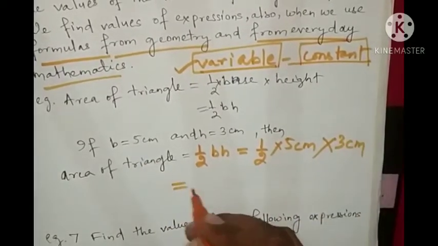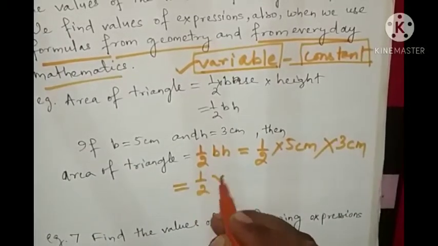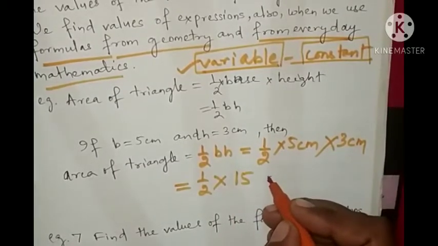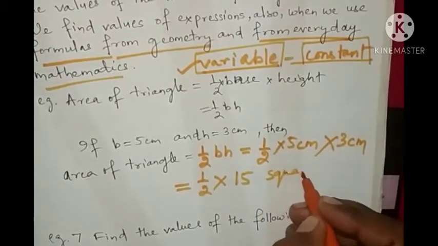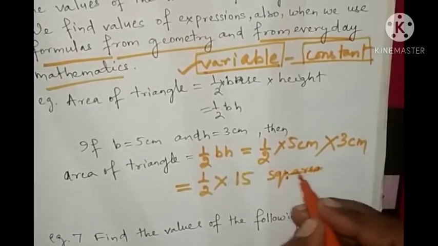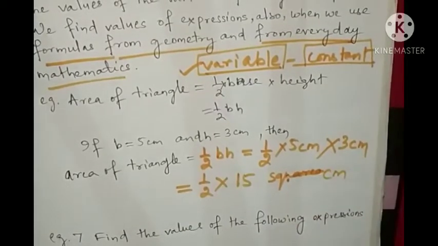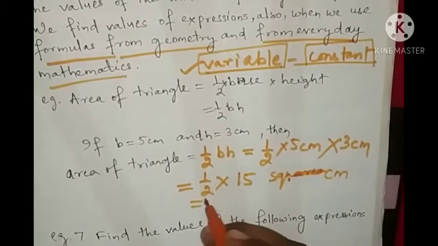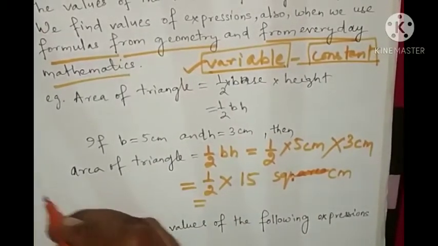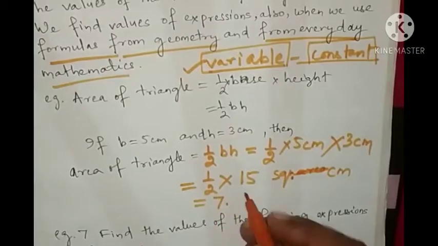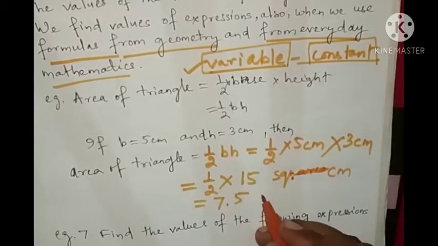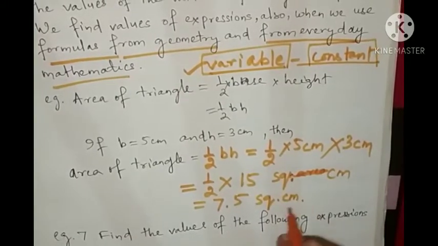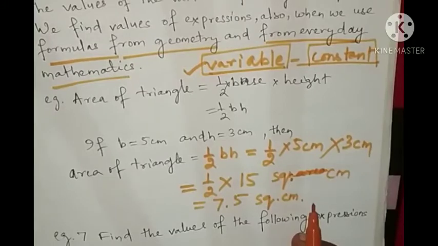Half into 5 threes are 15 square centimeter. Only write sq. centimeter. Next, half into 15 means 15 by 2, which is 7.5 square centimeter.